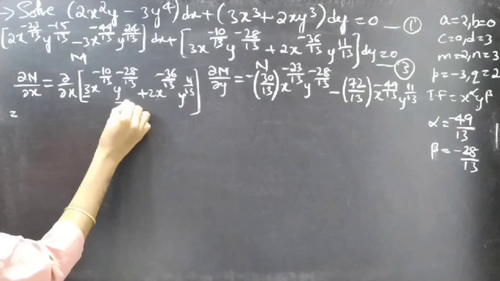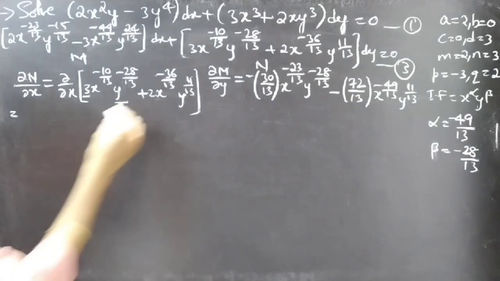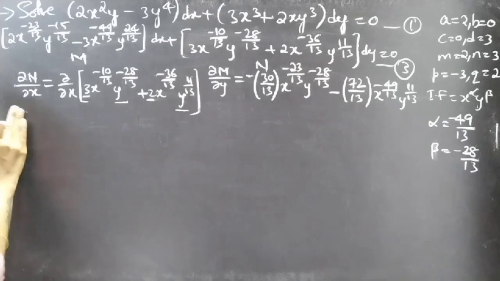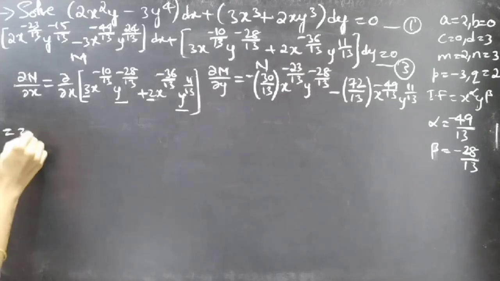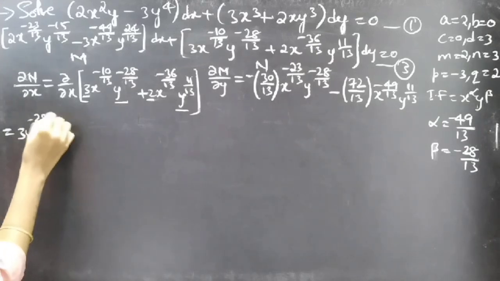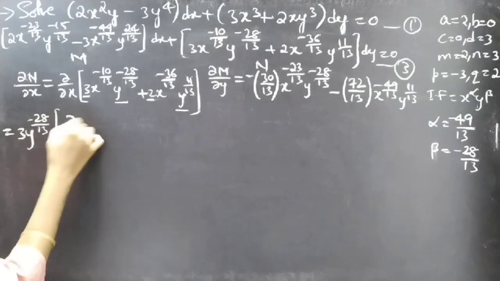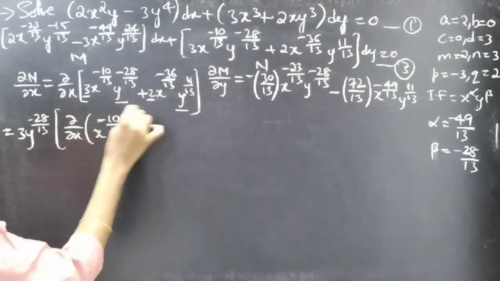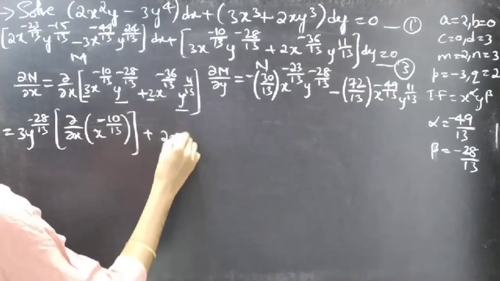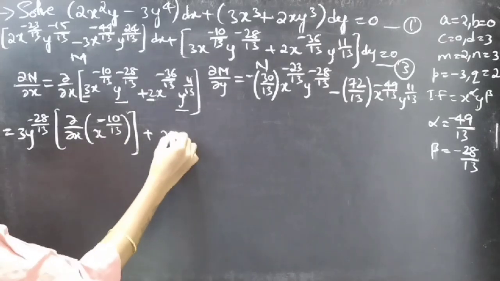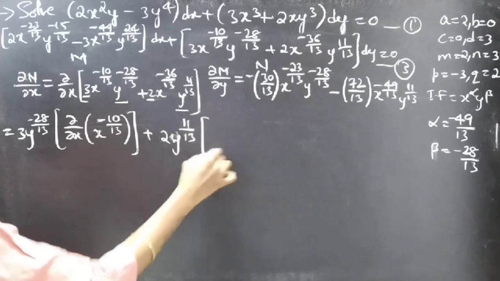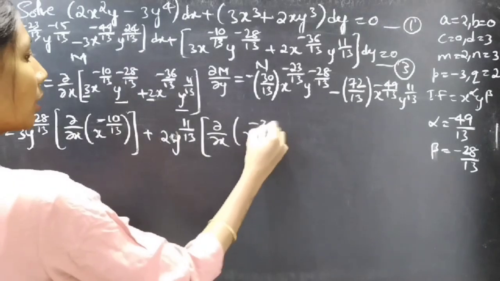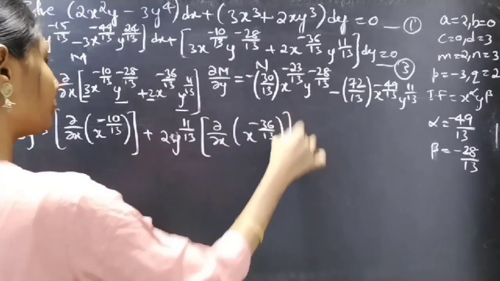In the first term 3, y power minus 28 by 13 is constant, and in the second term 2, y power 11 by 13 is constant, right? So we'll write it as constant into partial derivative of x power minus 10 by 13 plus 2 y power 11 by 13 into partial derivative of x power minus 36 by 13.